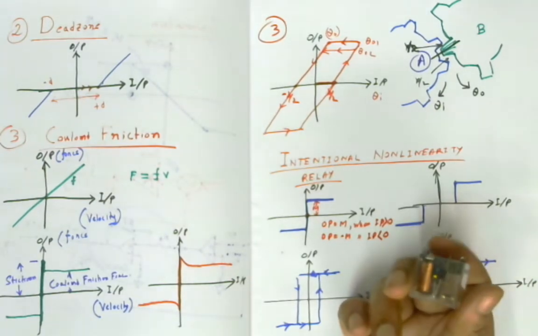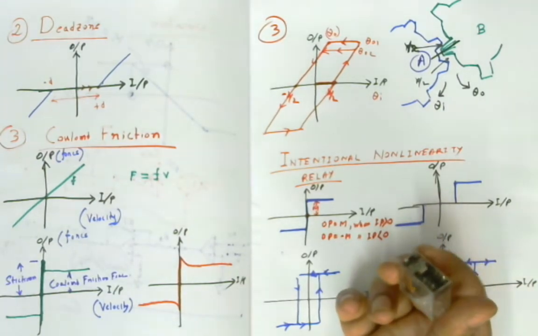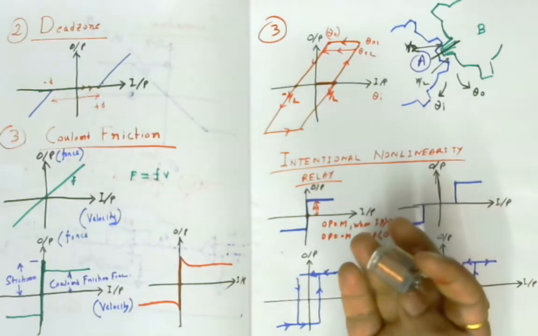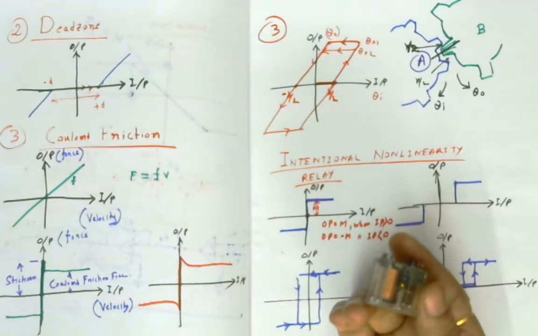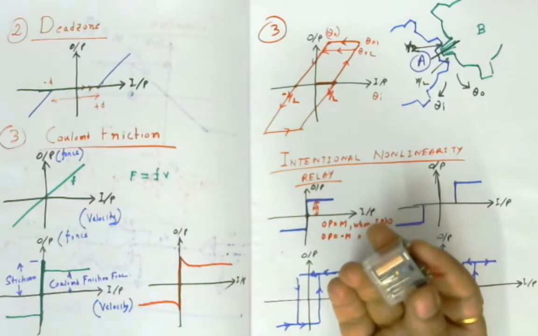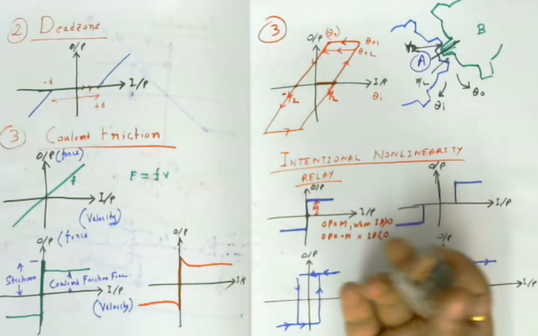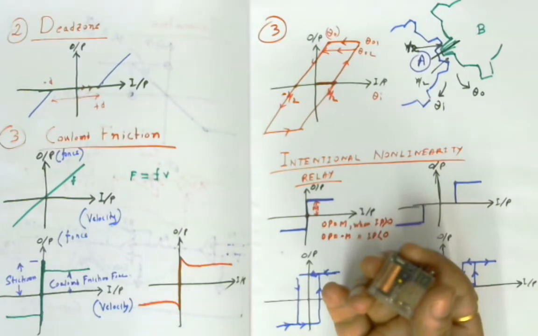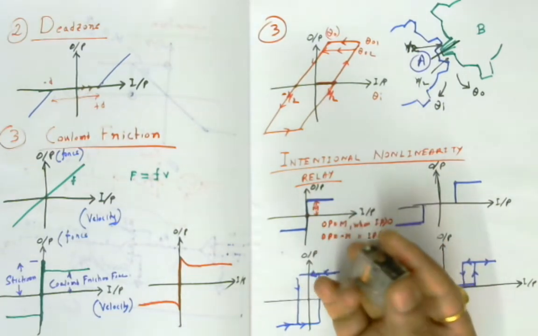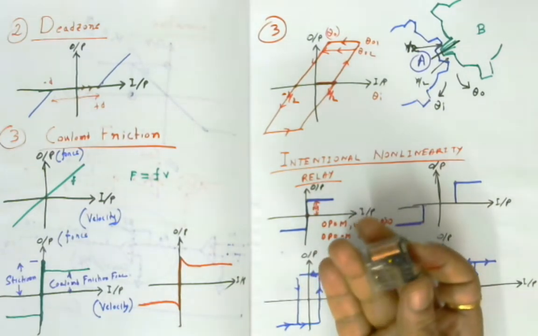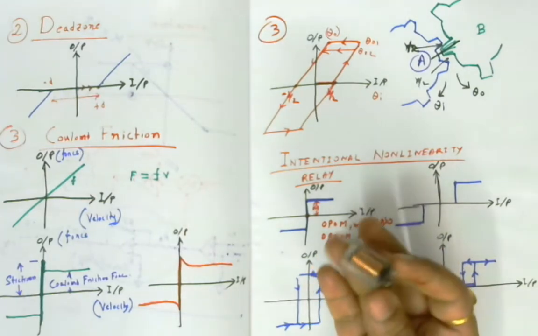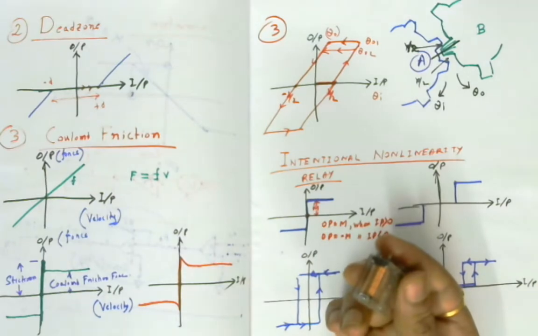The relay coil is very small, and it may be energized from the microprocessor pin. Microprocessor pin generally produces 5 volt with a few milliampere of current. So to energize this coil, very few milliampere is required. So the coil is very small in size.